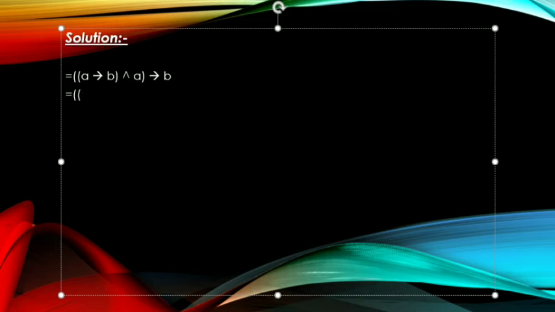Double bracket, by using implication law we get negation of A or B, bracket close, and A, bracket close, implication B, by using implication law.